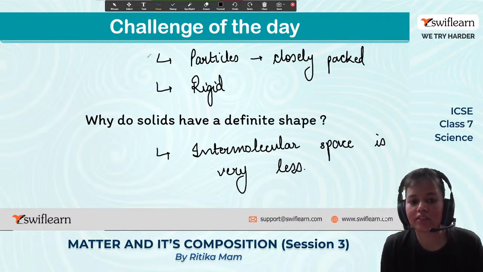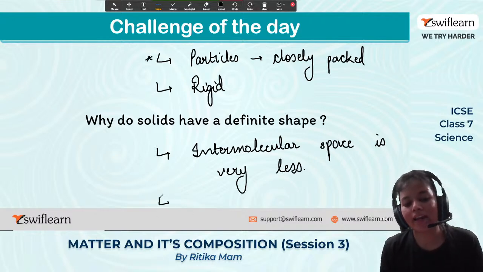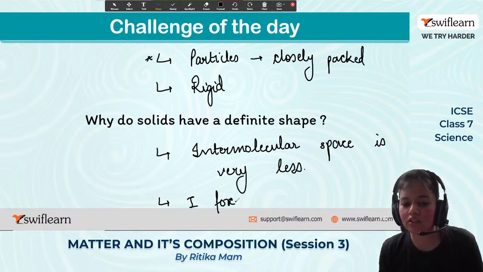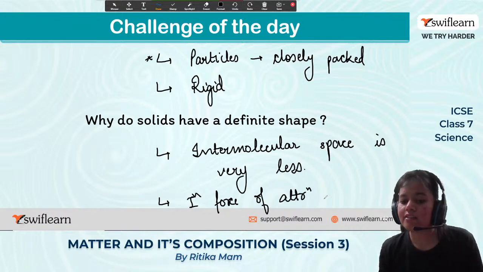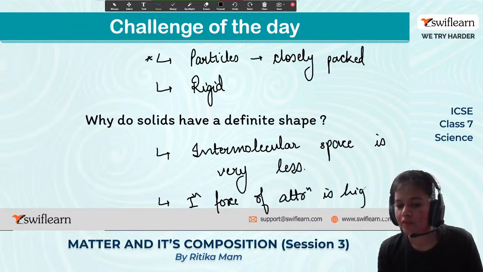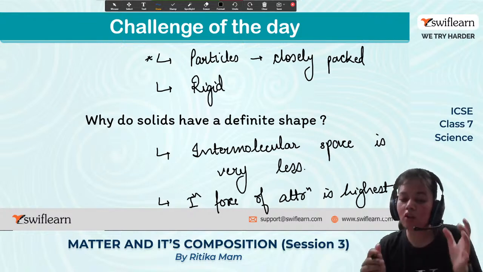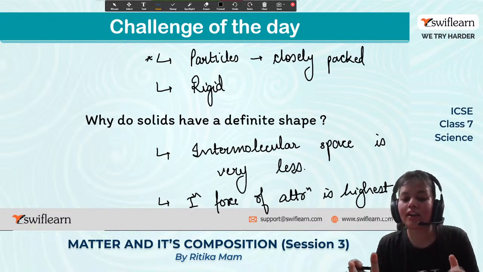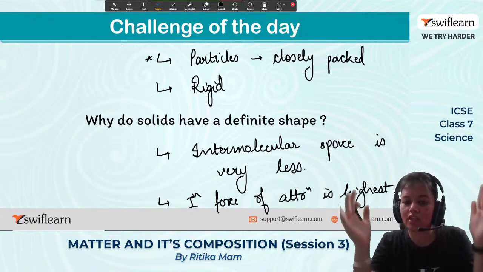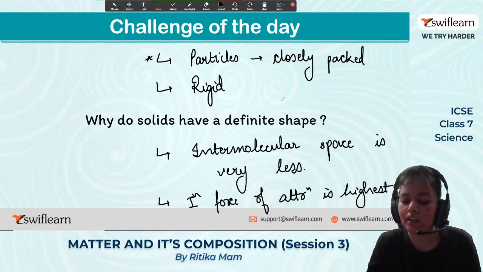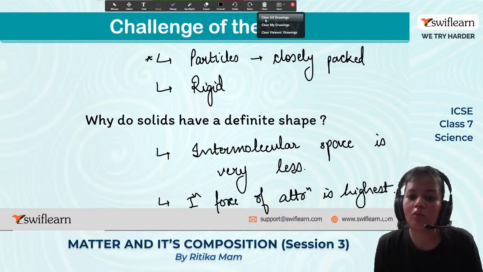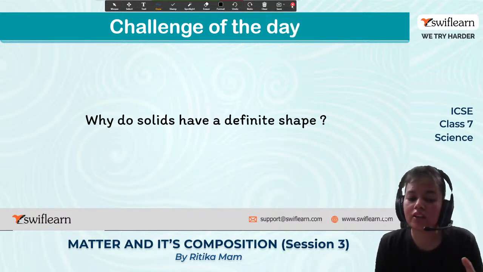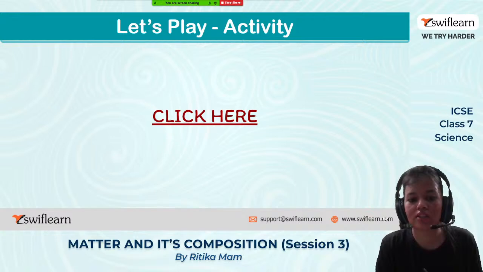Okay, so this accounts for the same point. And lastly, the intermolecular force of attraction is highest. Because of all these reasons, solids have a definite shape and they are very, very rigid. I hope you have got the answer of why solids have a definite shape.